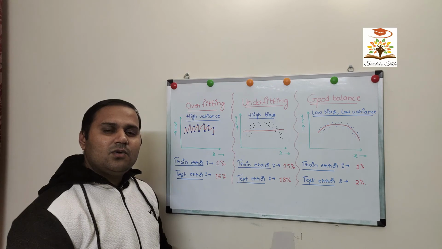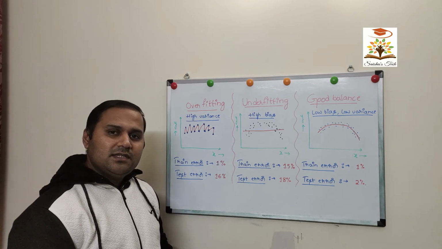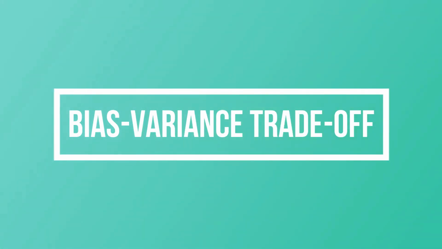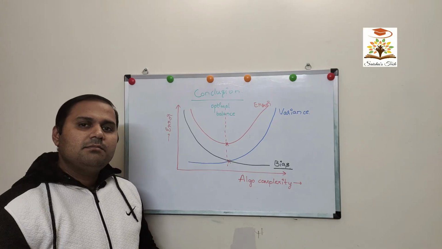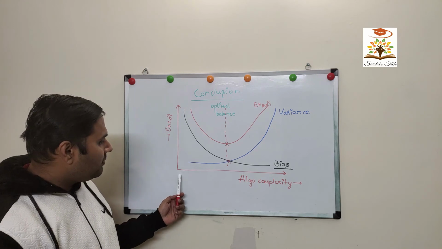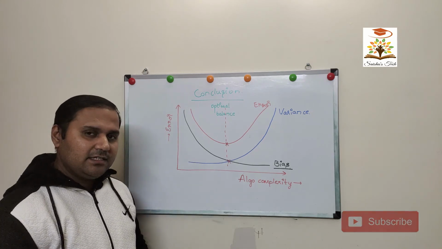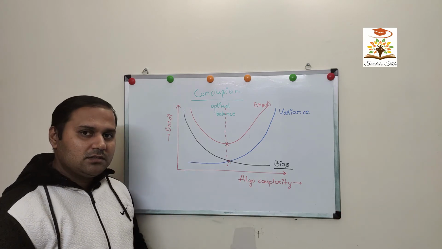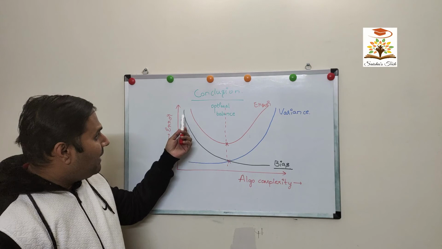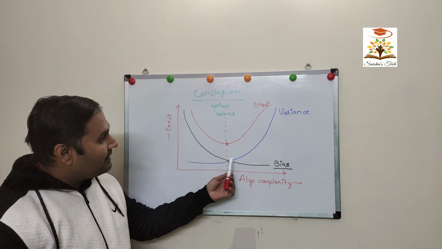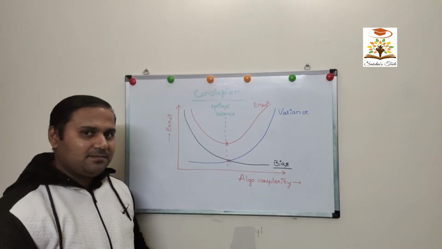Now let us conclude the video with variance and bias trade-offs. What is the bias and variance trade-off? As the algorithm complexity increases, that is from linear models to the complex nonlinear models, the bias gradually decreases, whereas the variance gradually increases.